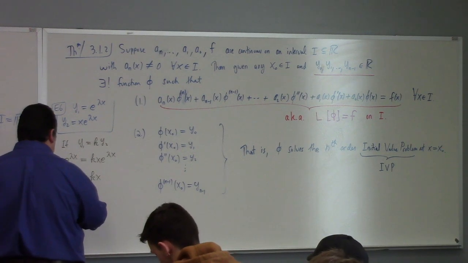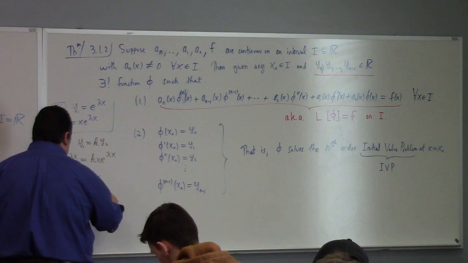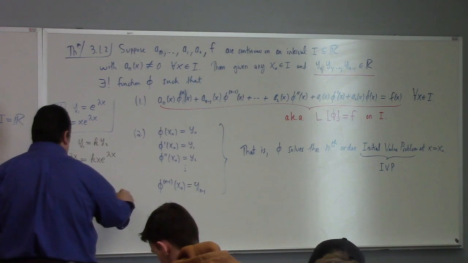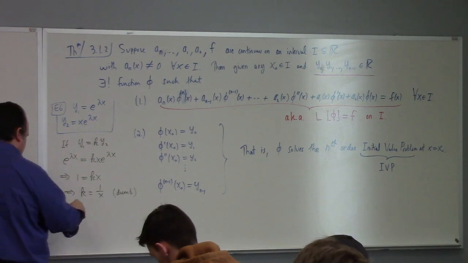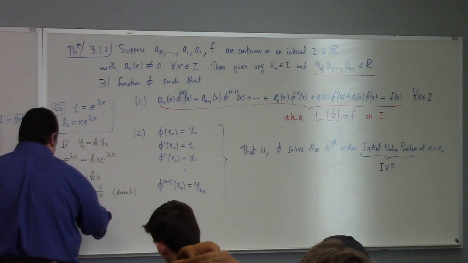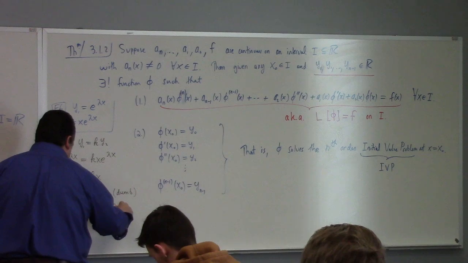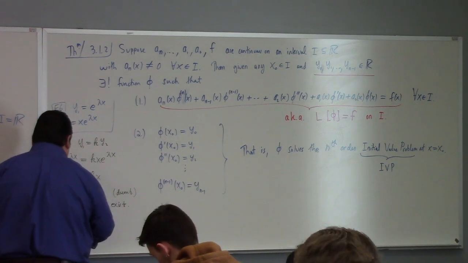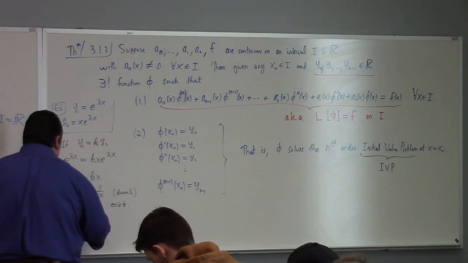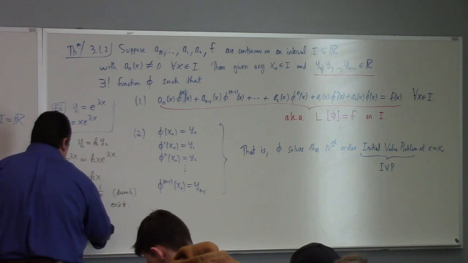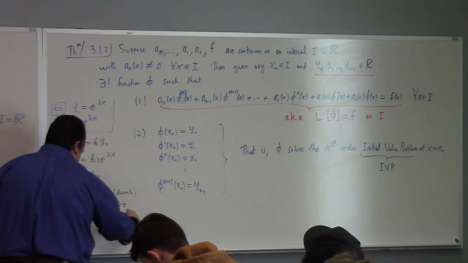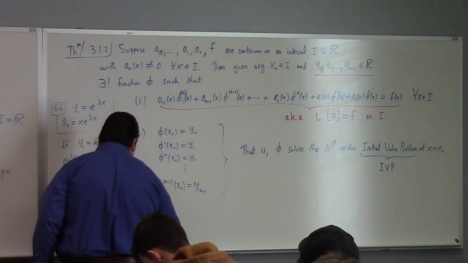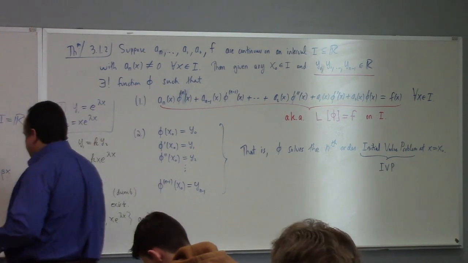So which is to say that the constant is equal to 1 over x, which is dumb. So no such k exists. Thus, y1 e to the lambda x and x e to the lambda x are linearly independent.